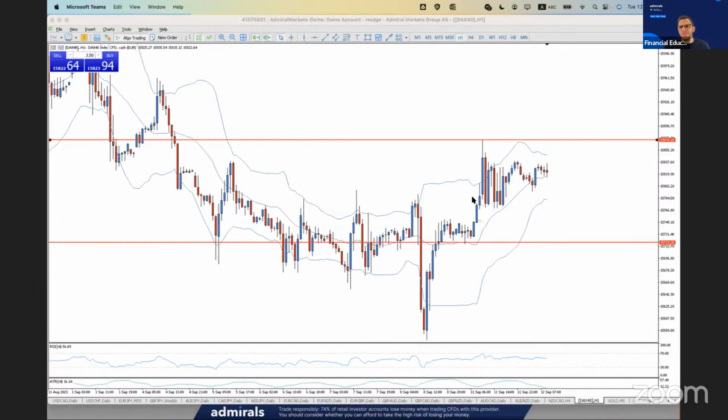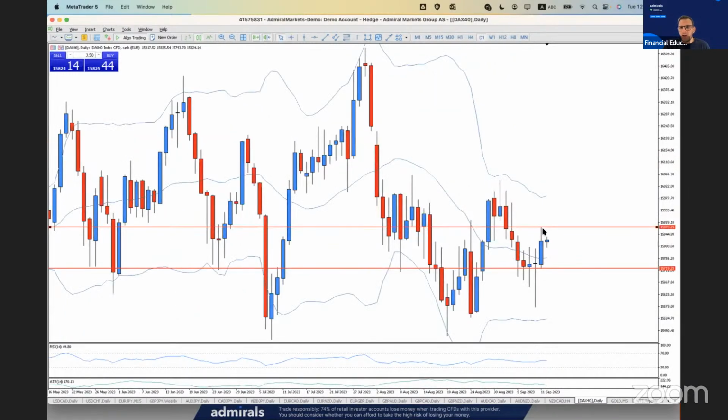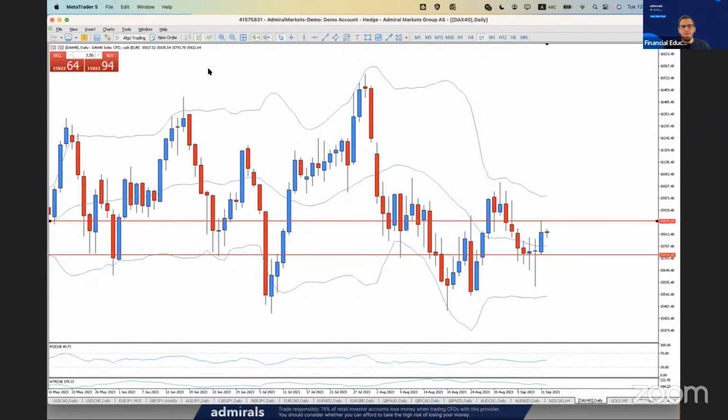Okay, so here is the thing now with the DAX. Let's start on the daily chart to see if there is some structure here. I marked earlier the high of the previous day and the low of the previous day. Now, based on market structure here, there is nothing clear.